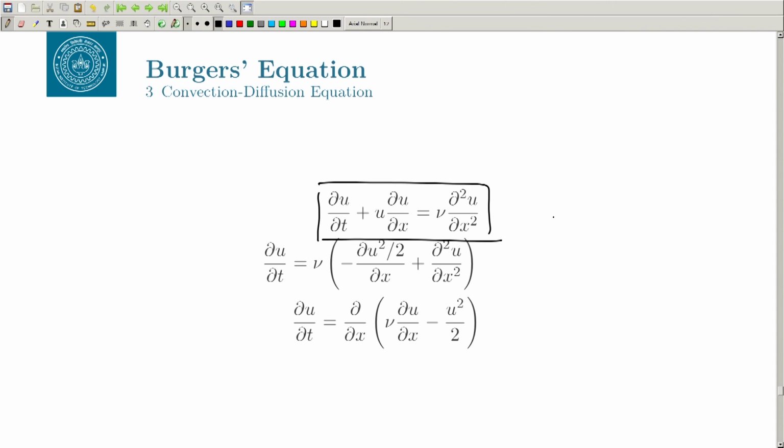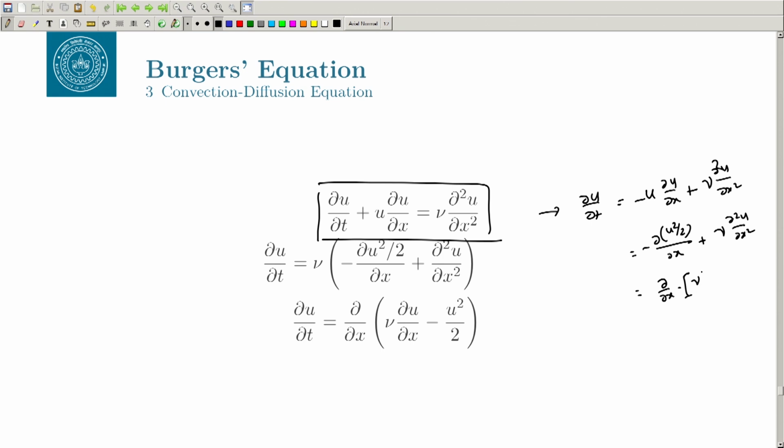So, you can write this equation. You can take all the del by del x terms on the right hand side, that will become minus u del u by del x plus nu del squared u by del x squared, and this can be further written as minus del (u squared/2) by del x plus nu del squared u by del x squared, okay, and that you can write as del by del x of (nu del u by del x minus u squared/2), right.